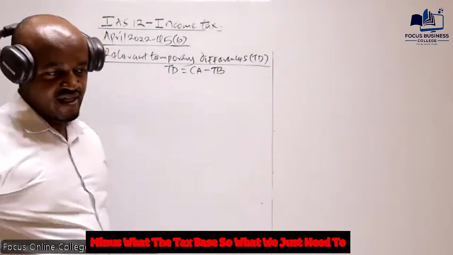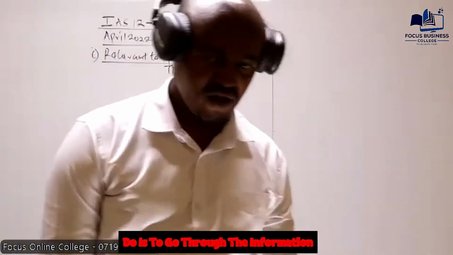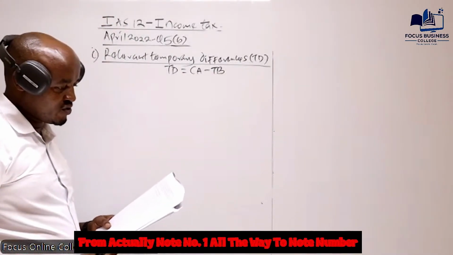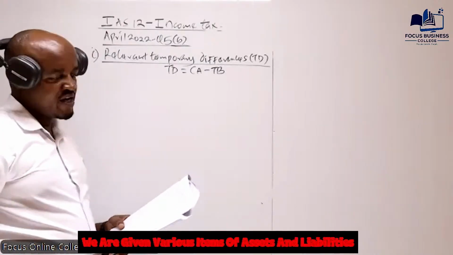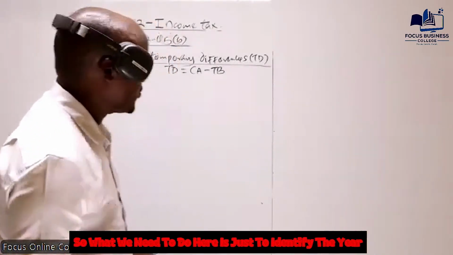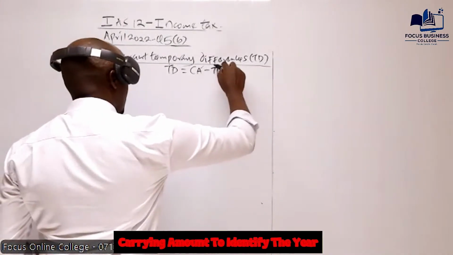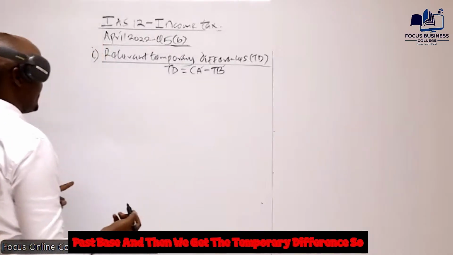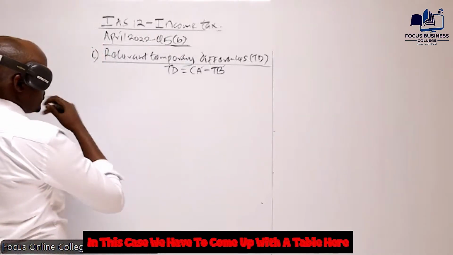So what we need to do is go through the information given in this question, from note number 1 all the way to note number 5. We are given various items of assets and liabilities. We need to identify the carrying amount, identify the tax base, and then we get the temporary difference. So we have to come up with a table.